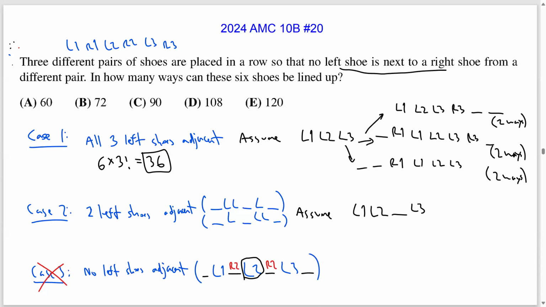So in case 1, we were able to list out the number of ways. We're going to do the same thing with case 2. For case 2, we notice that L2 has to be next to R2 because of the condition. Similarly, L3 has to be next to R3, and moreover, the shoes must be positioned such that L2 is next to R2, R2 is next to R3, R3 is next to L3.